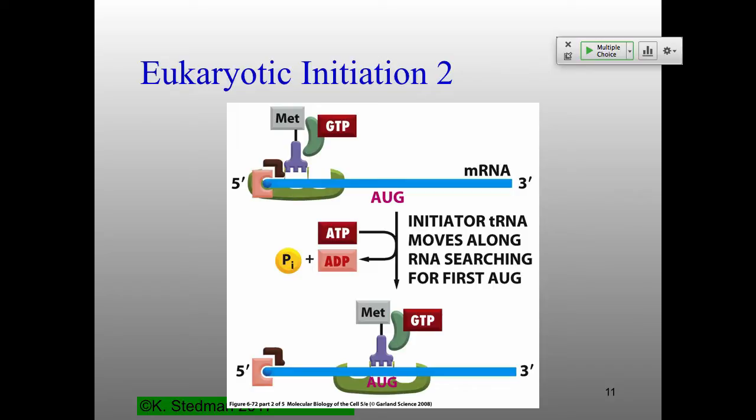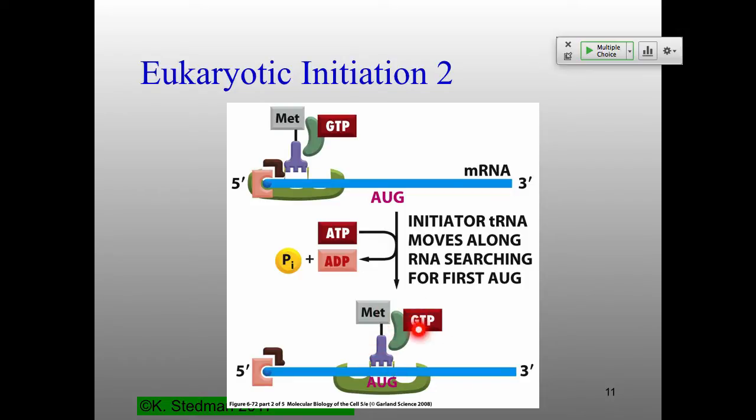Where else do we see a lot of RNA helicase activity? In the spliceosome, in terms of all the rearrangements of your small nuclear snRNAs. So lots of RNA helicase activity in order to get the small subunit of the ribosome and the initiator tRNA to the right place. Once you're here, it's great.